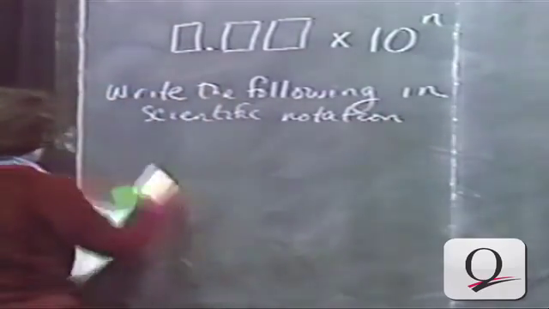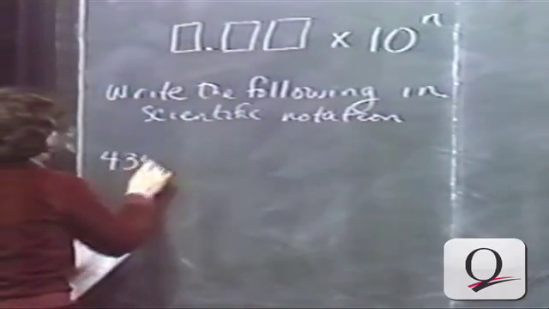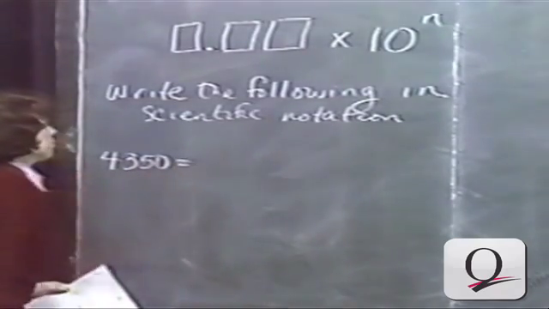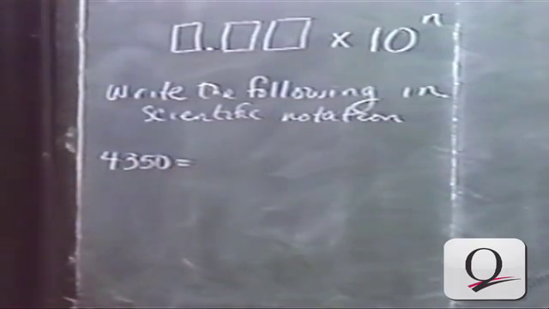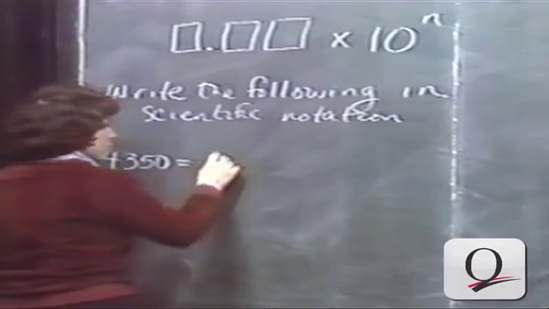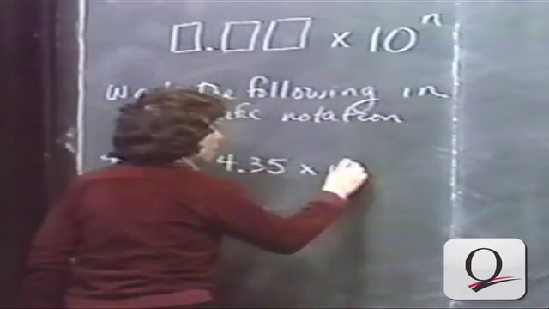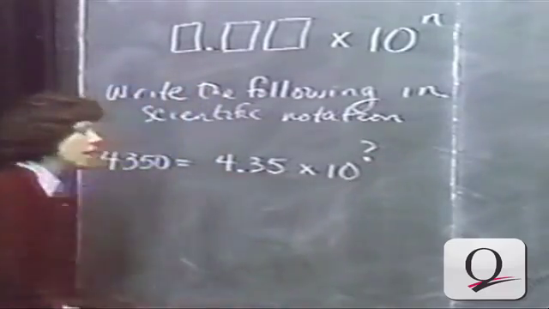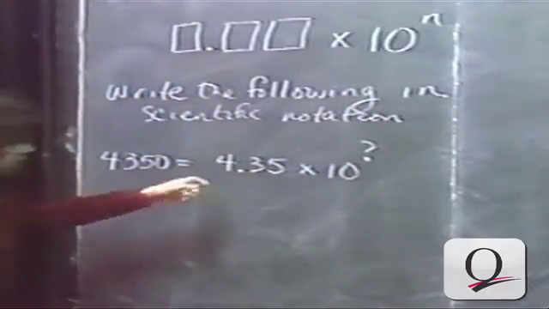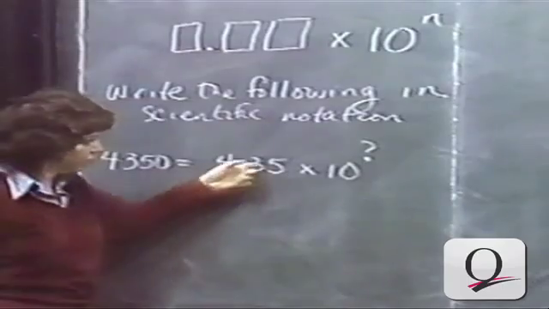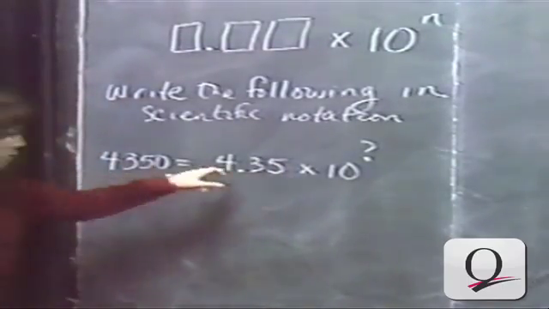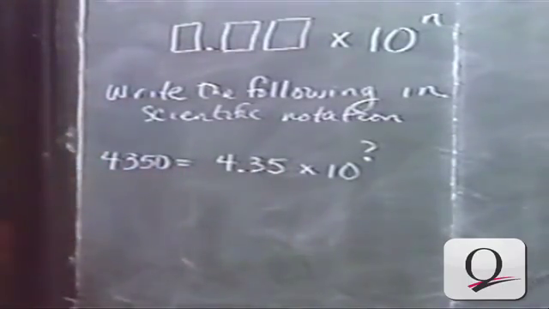Okay, let's start with the number 4,350. We're going to write this as 4.35 times 10 to some power. Okay, that's scientific notation. One digit to the left of the decimal, and in this case, two digits to the right. 4.35 times 10 to some power. The question is, what is the power?